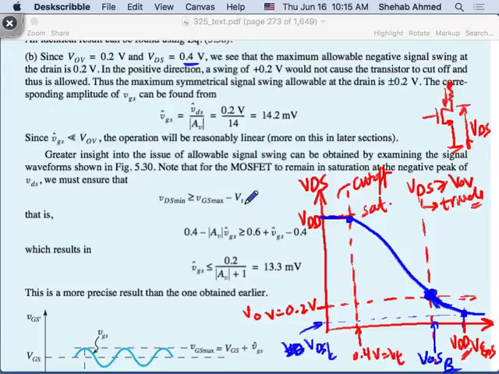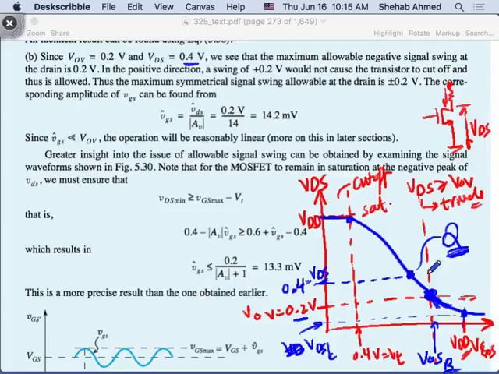Now I look at my VDS. My VDS is 0.4. Is it above 0.2? Yes. So I am in saturation mode, somewhere here. This is 0.4 volts, my capital VDS. So this is defining my Q, my DC operating point.